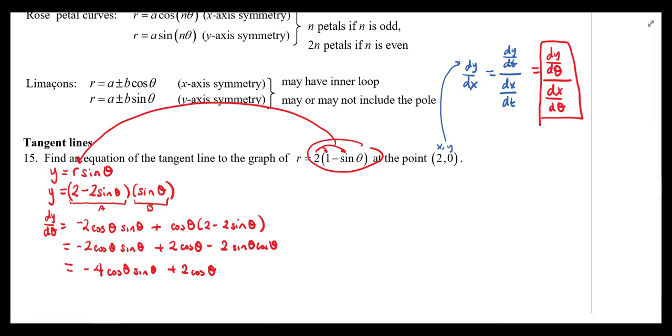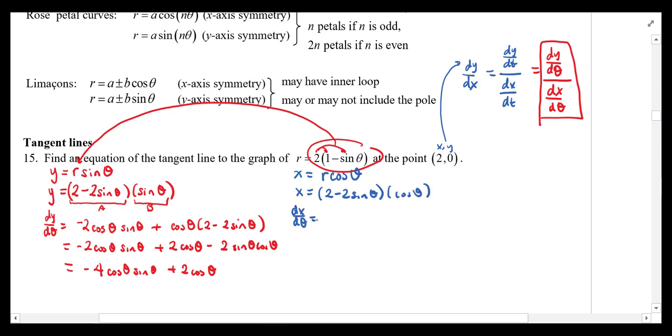Okay. Now I guess I need to find the same thing for x. So I'll use a different color for x. x equals r cosine theta. So once again, x equals r, which is 2 minus 2 sine theta, times cosine theta. Once again, a prime b plus b prime a. A prime times b, plus b prime, which is negative sine theta, times a, which is 2 minus 2 sine theta.